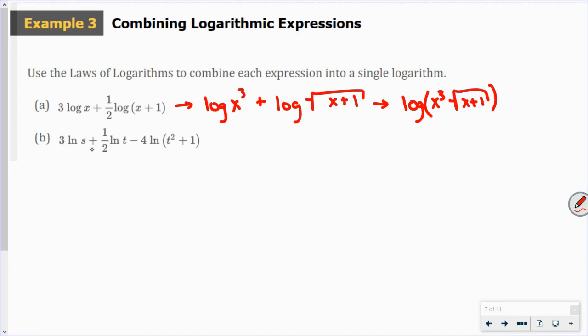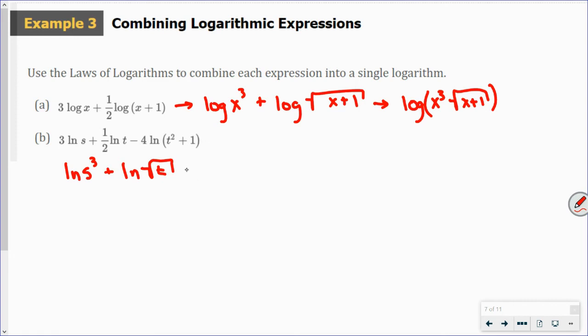Okay, so here it looks like we've got 3 terms, okay? A minus, so we're going to divide. So deal with your coefficients. So this would be ln s to the 3rd plus ln, that's a half power, so that's a square root of t. And then this would be, you can either just take the 4 or you can take the negative 4.